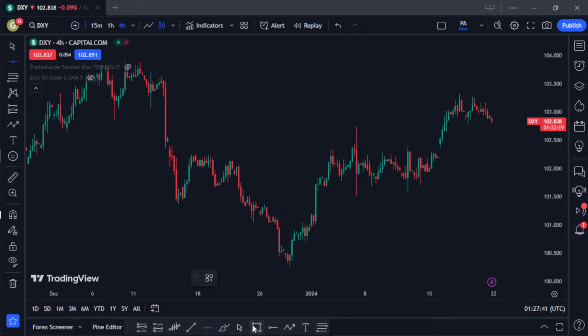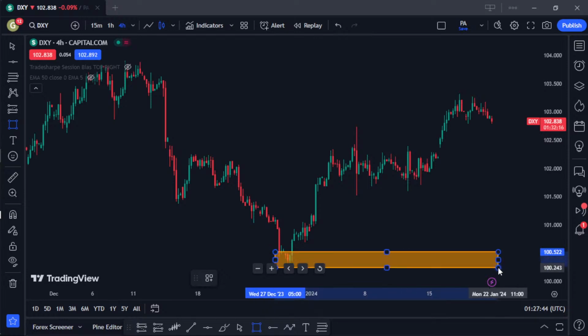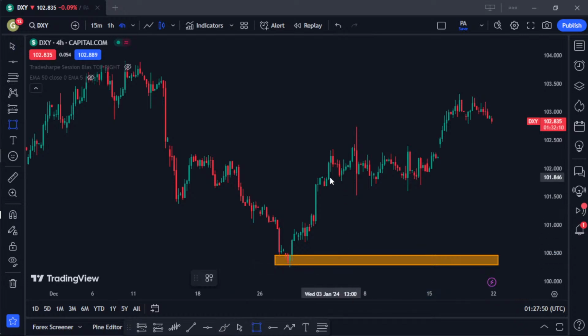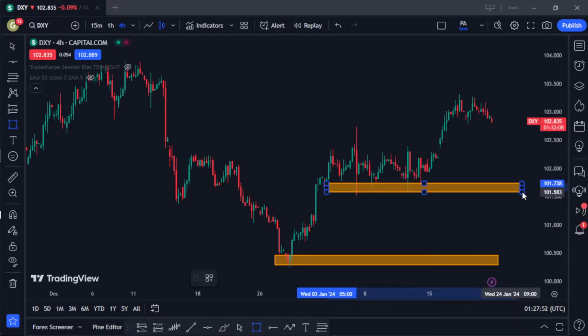So for this, let's main focus be at this area first. And then let's focus at this area where the market actually found a minor support.